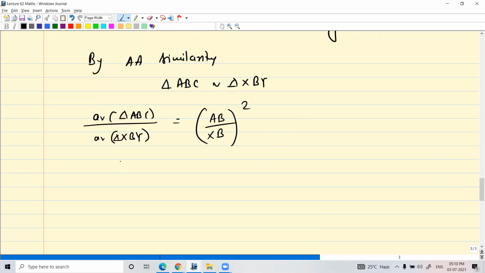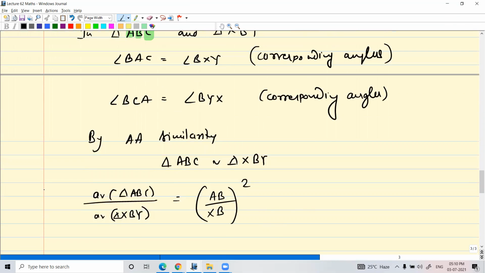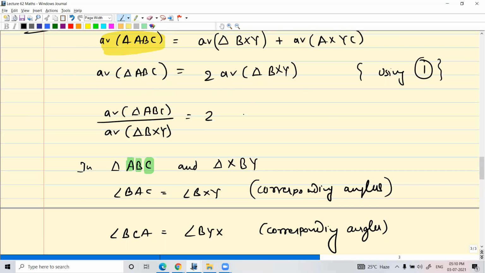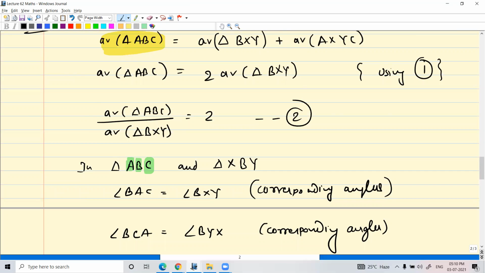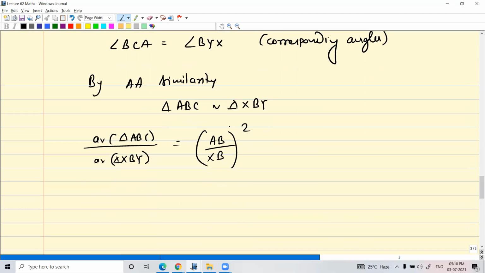But what did we get from the previous thing? We have seen that area of triangle ABC by area of triangle XBY is equal to 2, right? So let's use that. This whole thing is equal to 2.